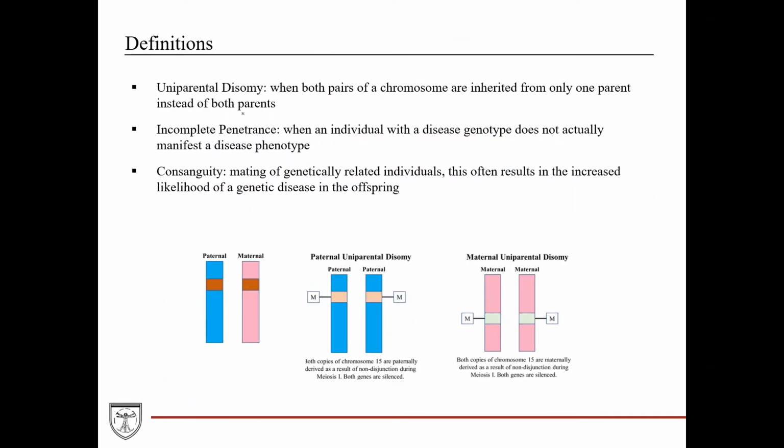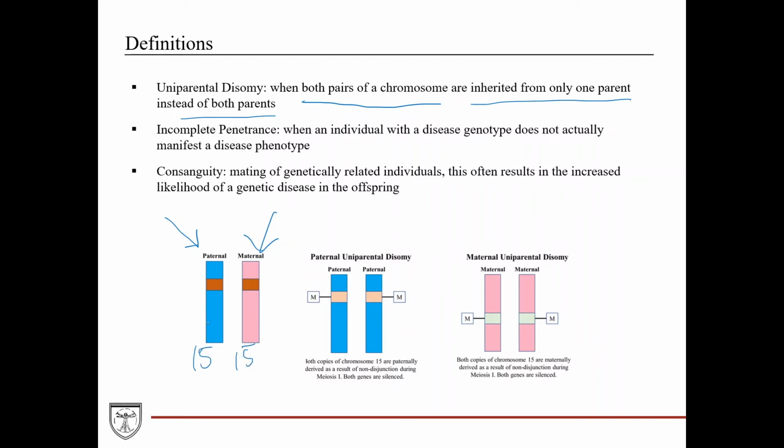So the concept of uniparental disomy, this is when both copies of a chromosome are inherited from only one parent instead of both parents. So we'll come down here and take a look at this diagram. This is actually from the lecture where we'll go more in depth on uniparental disomy and talk about some disorders that exhibit this. Normally you have one chromosome that's inherited from your father, and then another copy of that chromosome inherited from your mother. So let's say in this case it's chromosome 15.